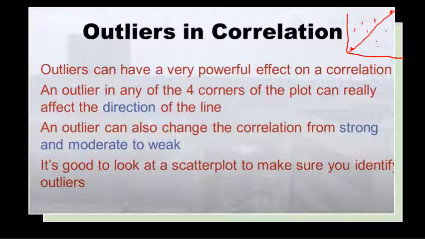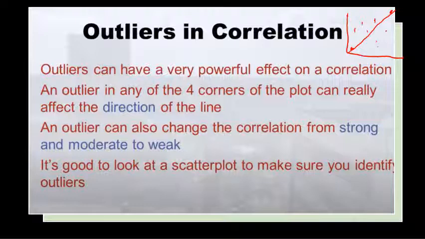So outliers can actually have a huge impact on your correlations, and that's why it's good to start out with a scatter plot when you have data, so you can identify your outliers and figure out what your data is doing.